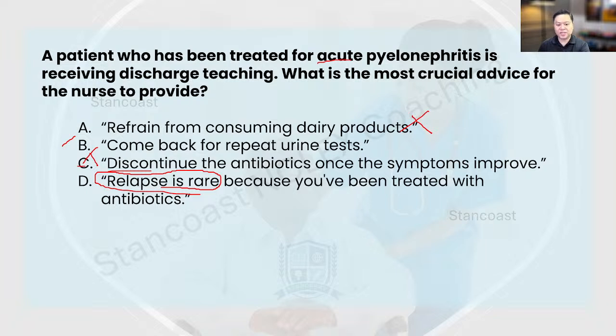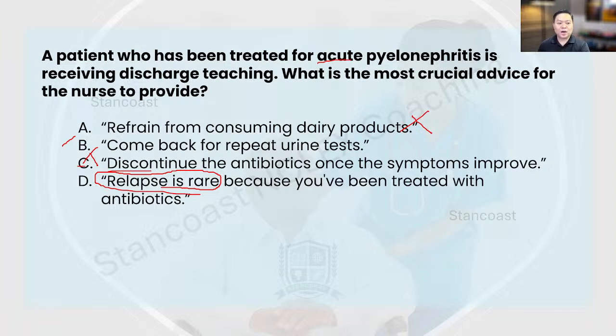The reasoning behind that is because pyelonephritis can recur and can also develop weeks after completing the antibiotic therapy. That's how some of these microorganisms are pathogenic. They're just not going to respond to some antibiotics. And that is why careful monitoring of the patient's urine culture should be done once the antibiotic therapy is completed, about 2 weeks after.